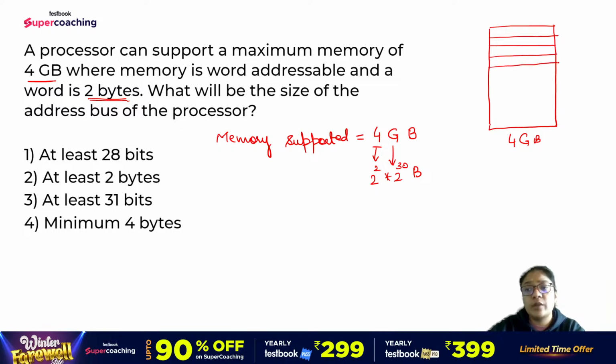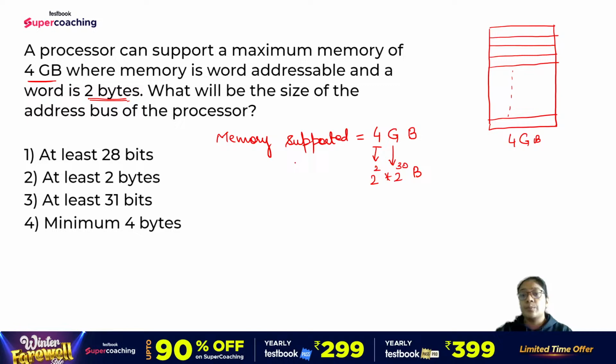It depends on whether the memory is byte addressable or word addressable. The only thing is in byte addressable memory the size is fixed, but in word addressable memory, depending on the processor, the size is going to vary.